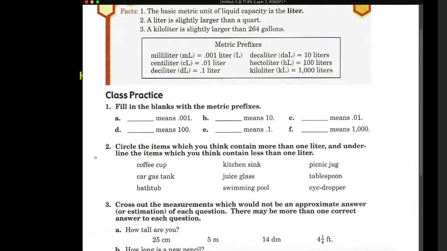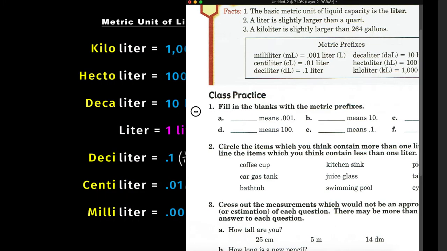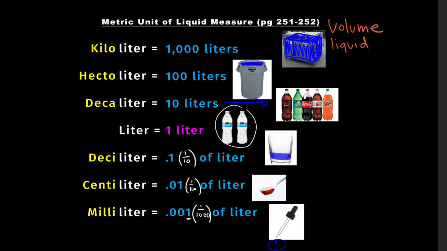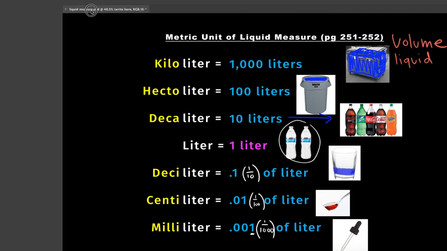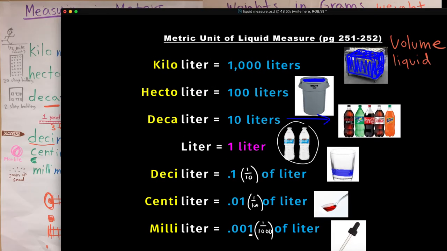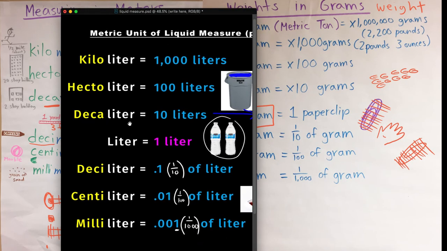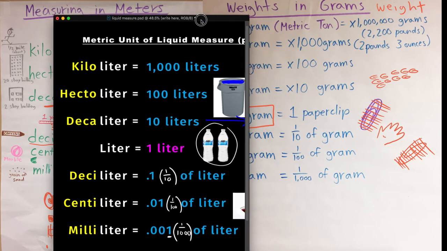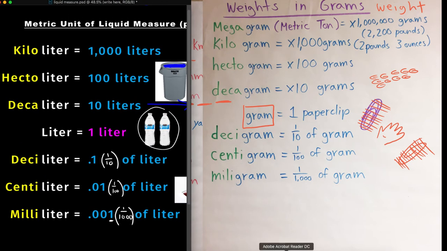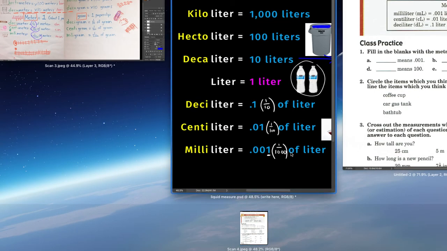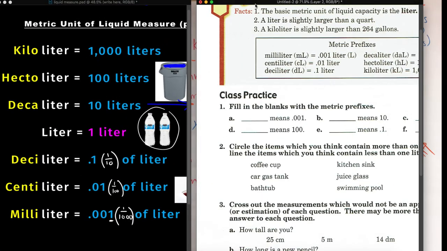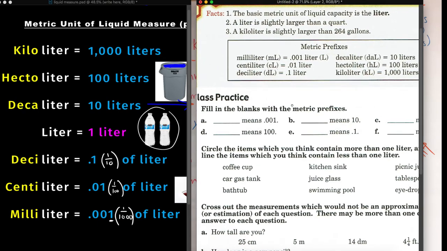Let me minimize this and try to fit these two into the same window here. Let me pull up the other one now. Okay.